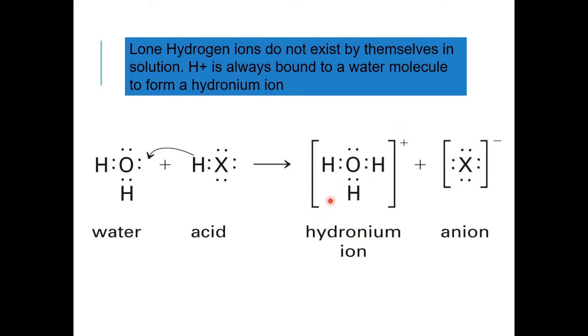Now here's the tricky thing. It's 100% acceptable to say hydronium ion. It's also 100% acceptable to say H plus or the hydrogen ion. In acid-base chemistry, it's basically talking about the same thing. So you'll actually see both. You'll hear me say H plus sometimes, and you'll hear me say hydronium sometimes.